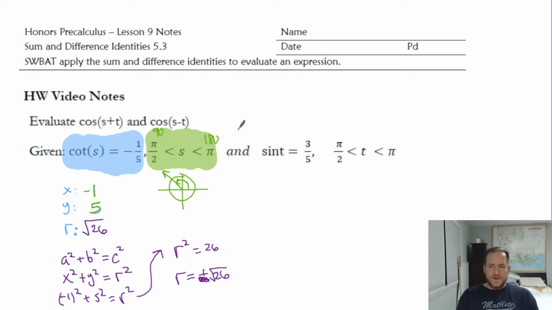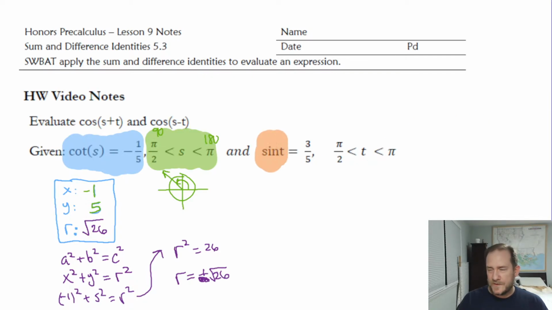Okay, but there you go. We did it. We know that for angle S, we're living in quadrant 2. The x coordinate, the y coordinate, and the radius of the circle that we're living on are -1, 5, and root 26. So the deal is you just now have to do the exact same thing for angle T. Again, they've given us one trig value at T, and we could use that to find the rest.